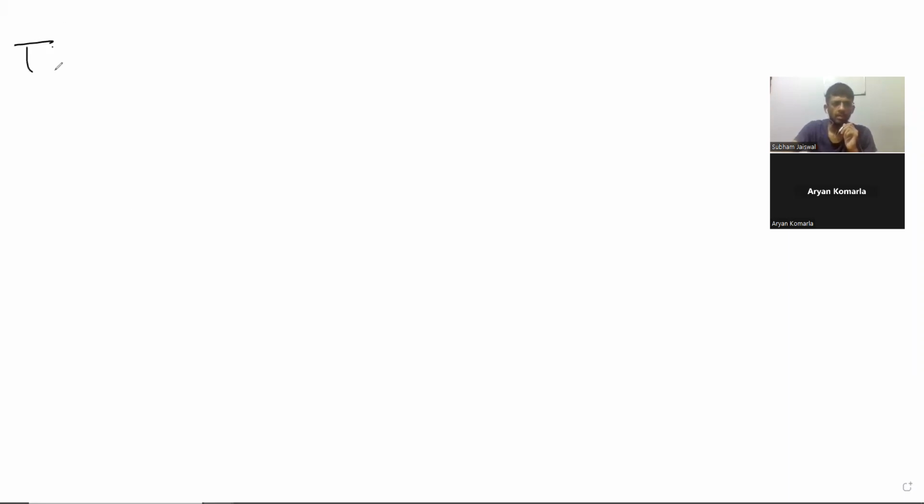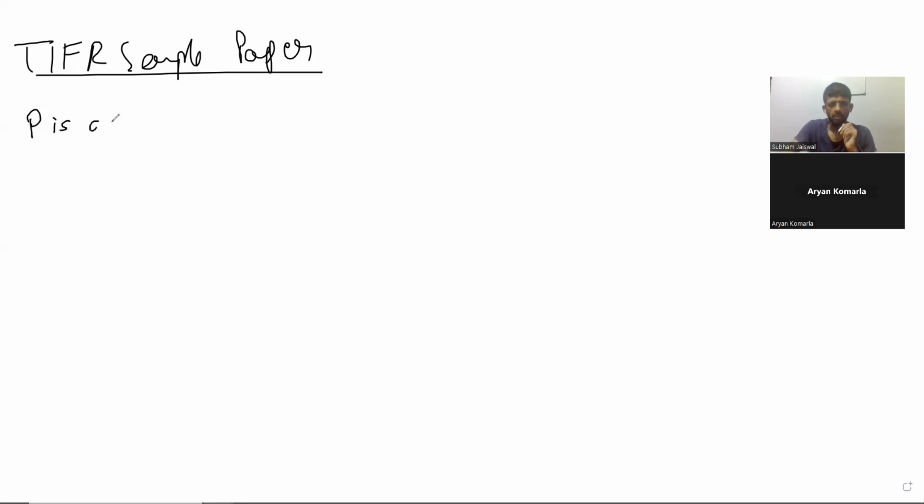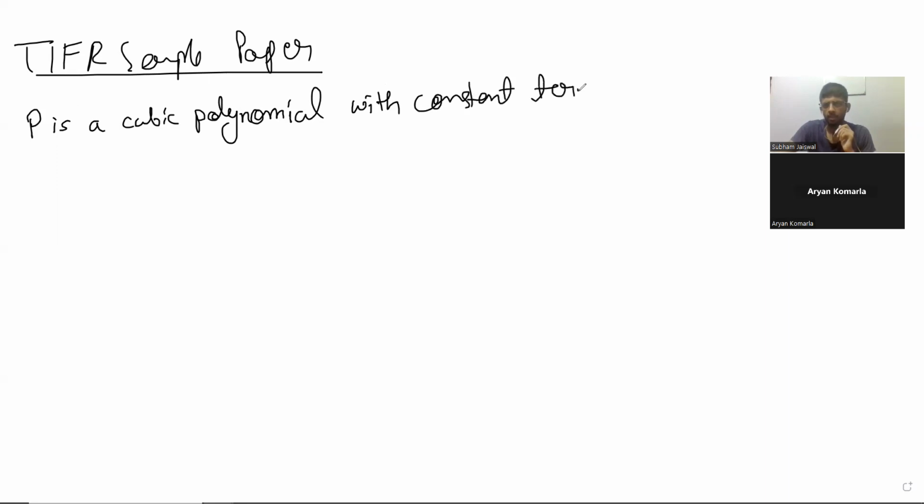So the question is: P is a cubic polynomial with constant term 2010, and P has complex coefficients.